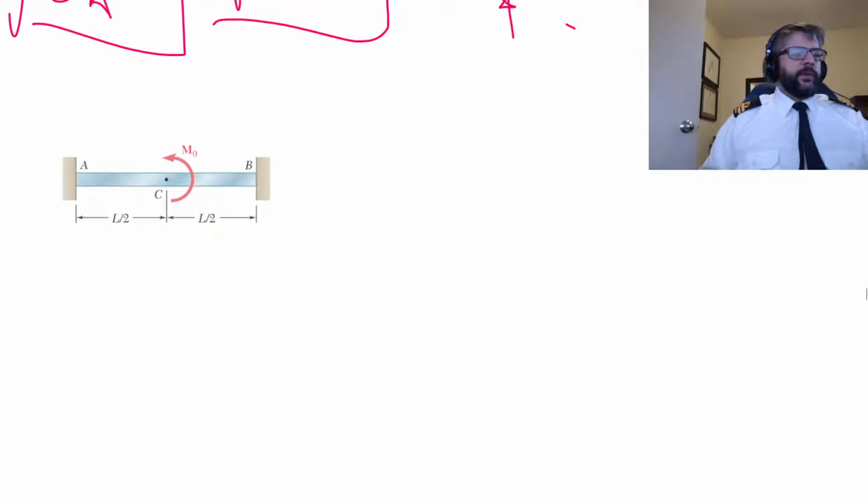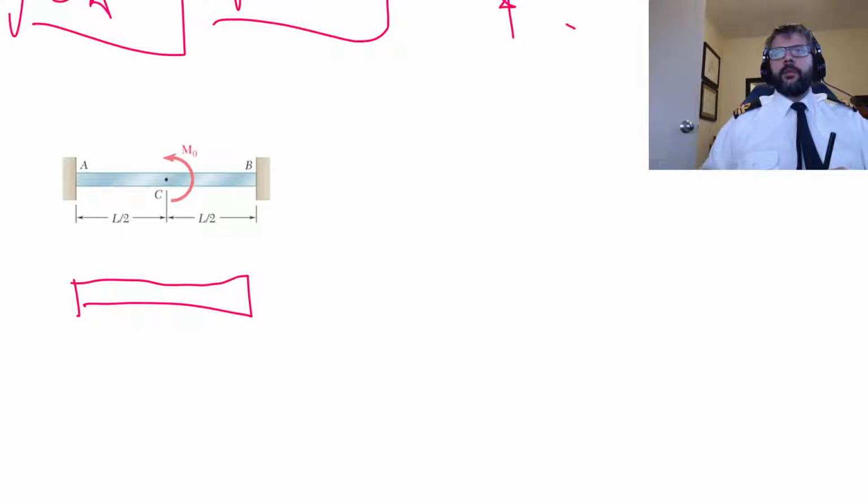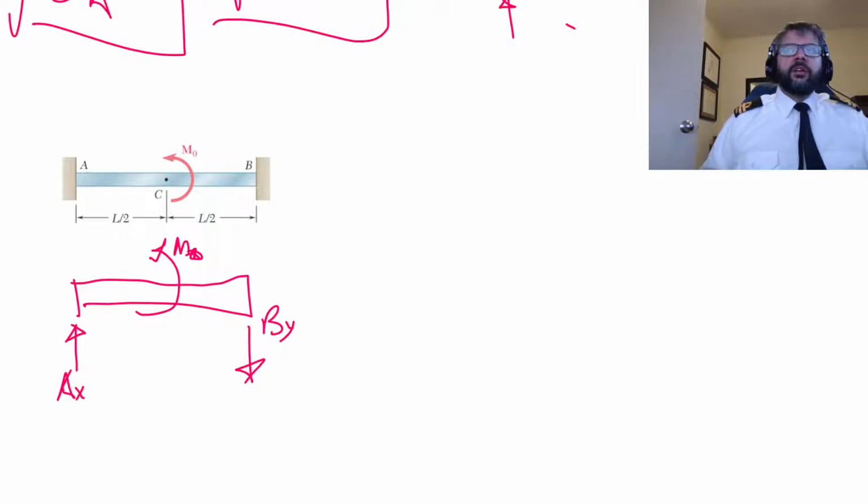What we're left with here is, let's just draw a quick free body diagram of this. We've got an M naught, and then we're going to have a reaction force at B. I'm going to assume it's going downwards, BY, and we're going to have a reaction force at A. But that can't be all, because again, our compatibility conditions still need to be met.